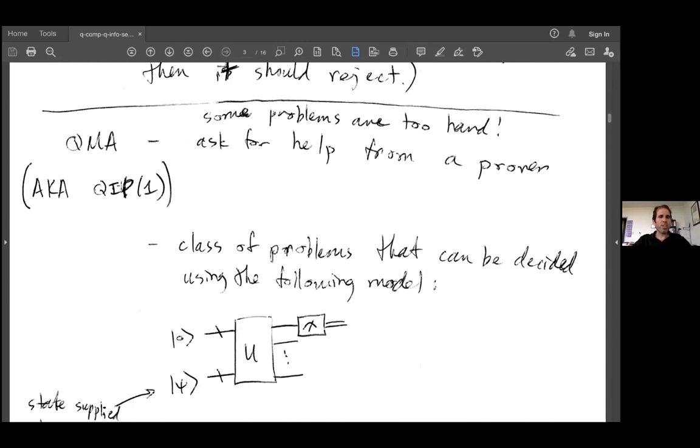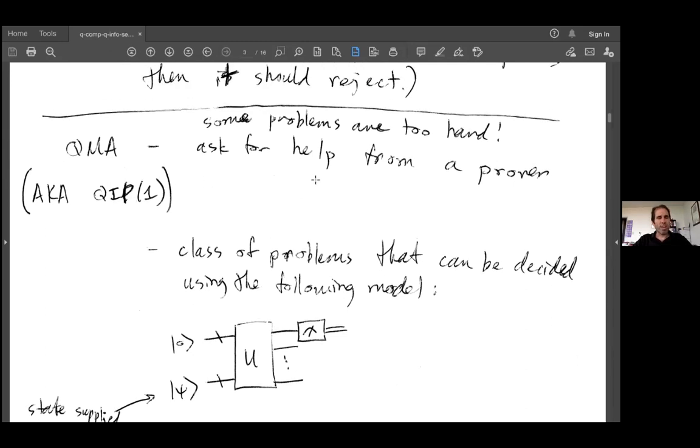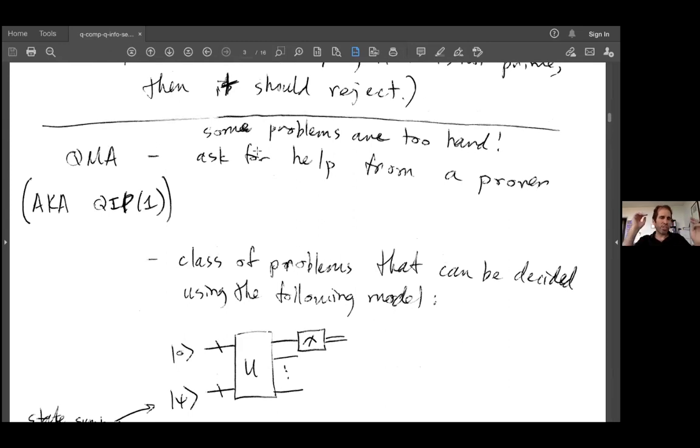What I want to next get to is a class called QMA. The name's a bit historical. It's for Quantum Merlin Arthur, and there's a historical reason for that. But you could also call this QIP1. The intuition is that there are some problems that are too hard to solve in BQP.